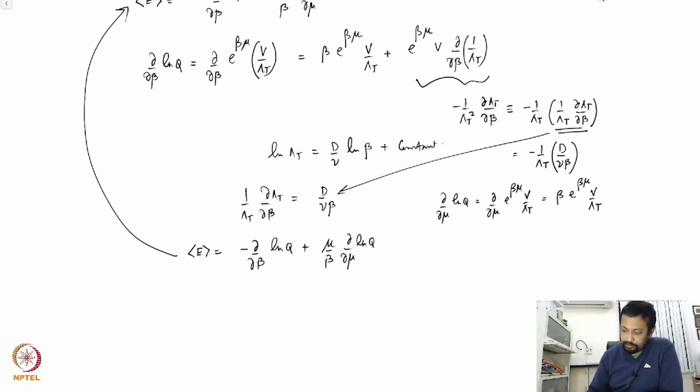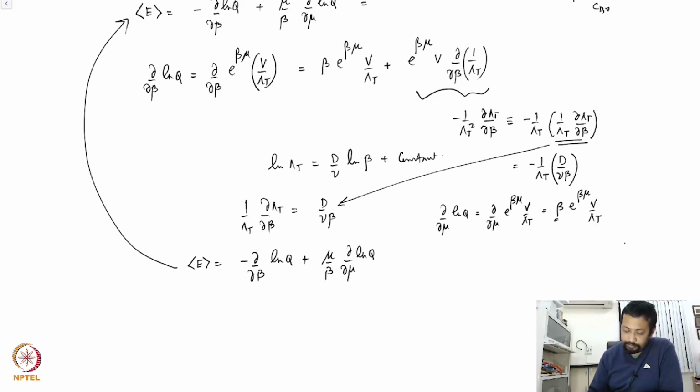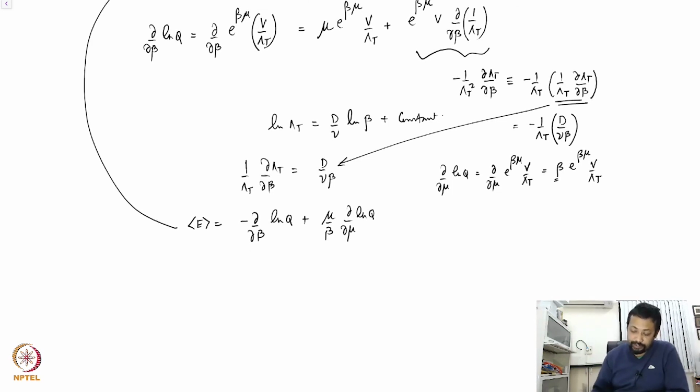Wait, I think there has been some mistake over here, I'm terribly sorry, because this is del beta of beta mu, so that this is going to be mu times this. So you have mu e to the power beta mu plus this, and this is correct. So therefore you have mu e to the power beta mu v over lambda t plus e to the power beta mu v. There is a minus sign outside, so we have to take care of this.